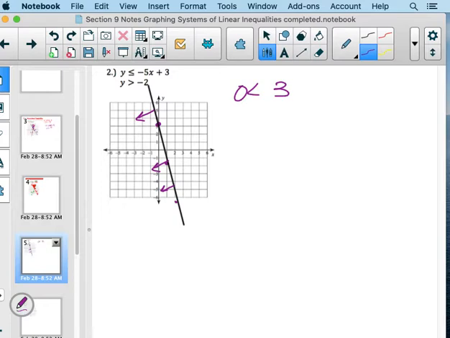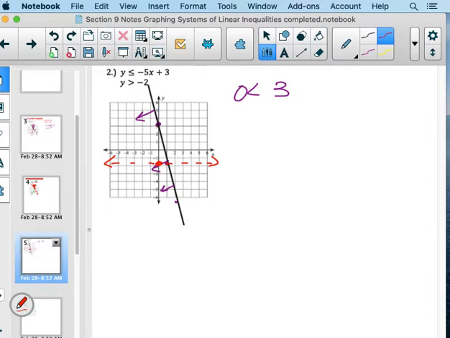Second inequality, I only have one variable. So if that's a y, I'm going to put a dot on the y-axis at negative 2. It needs to be a dashed line. And it would be horizontal, showing y is greater than negative 2.